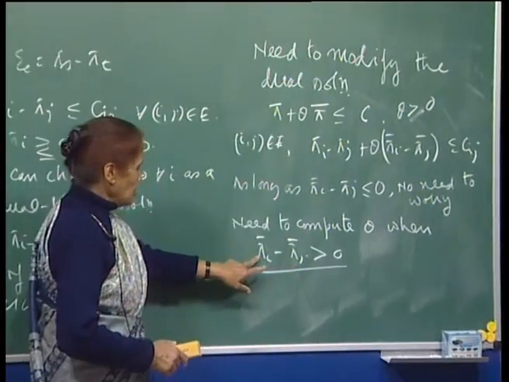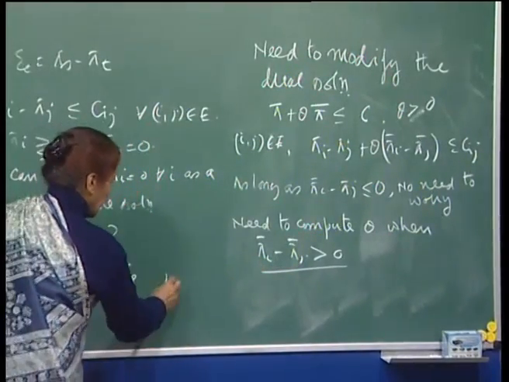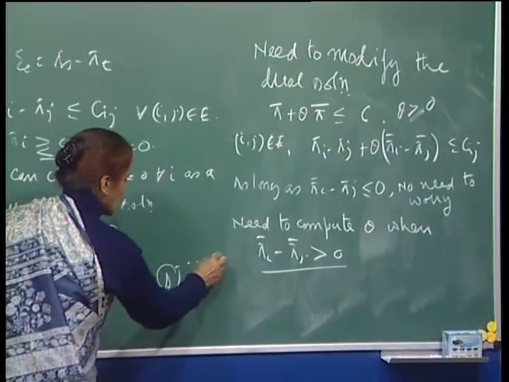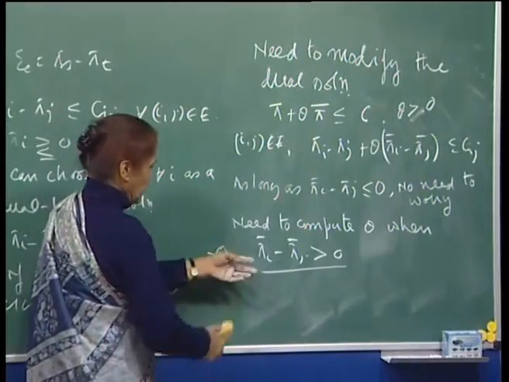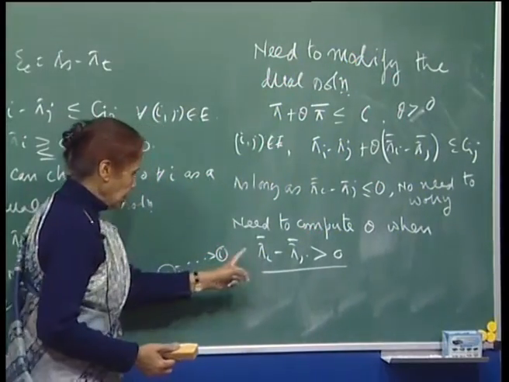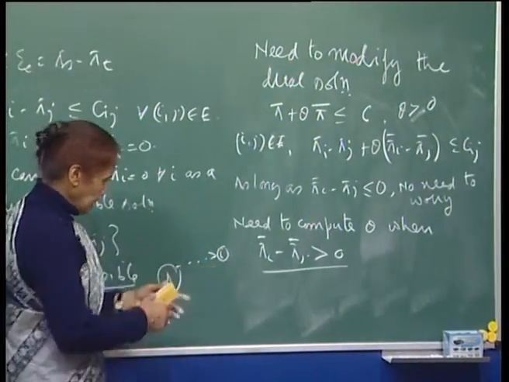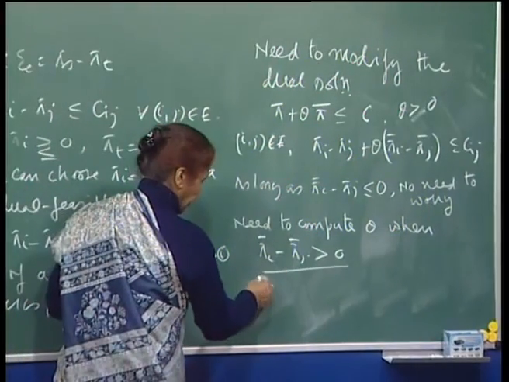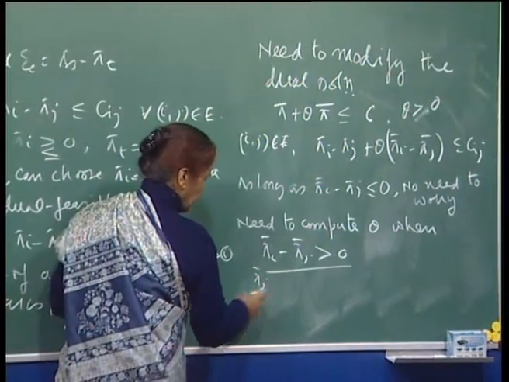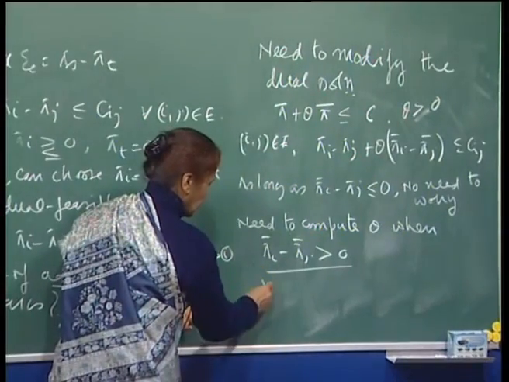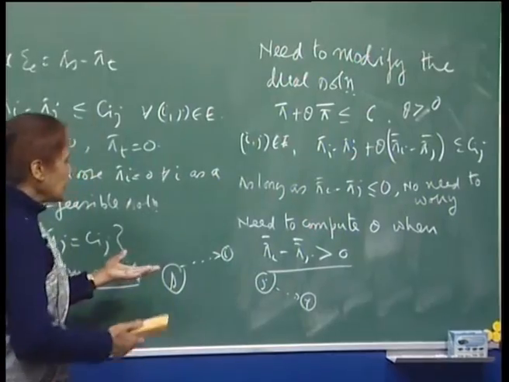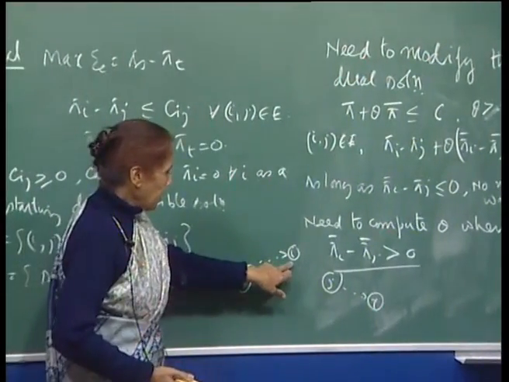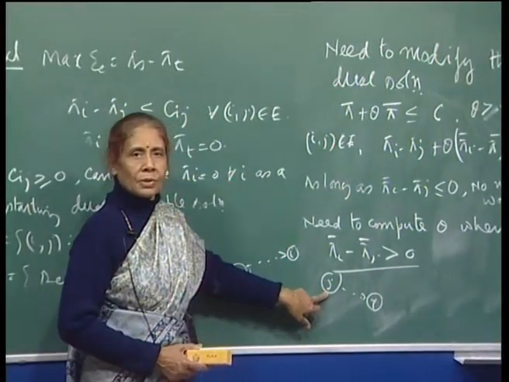That means you have a path from S to I, so this has a value 1, and then you have pi bar j, node j here, and there is a path from here to T. This is one situation. So, this will have a value 1 and this will have a value 0.